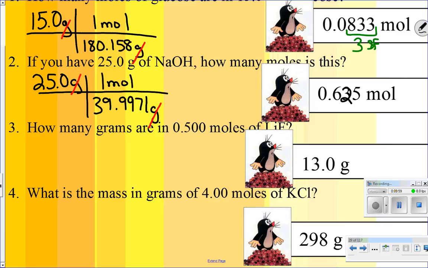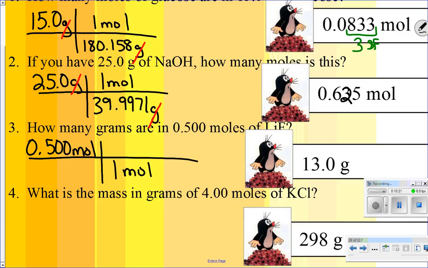So my number of grams in 0.5 moles of lithium fluoride, 0.500 moles. This number is showing 3 sig figs. That 0 to the left of the decimal does not count. Lithium fluoride has a gram per mole mass of 25.939. I do need to have moles on the bottom here.